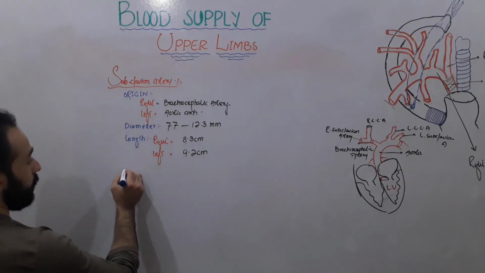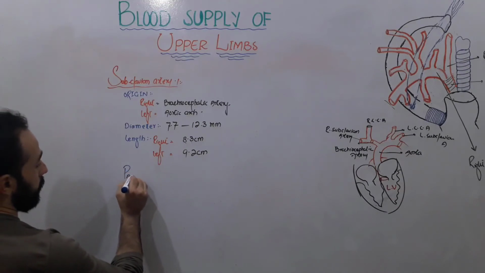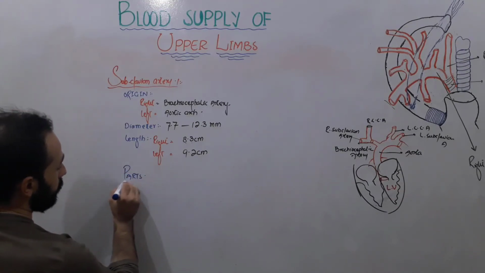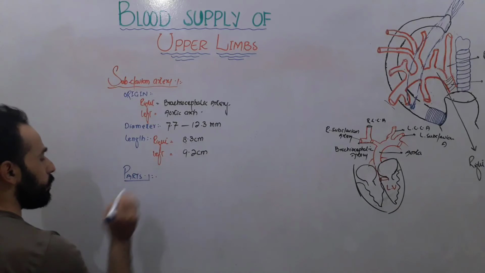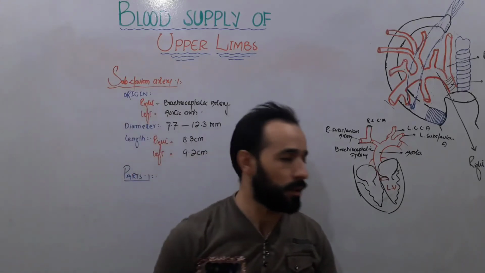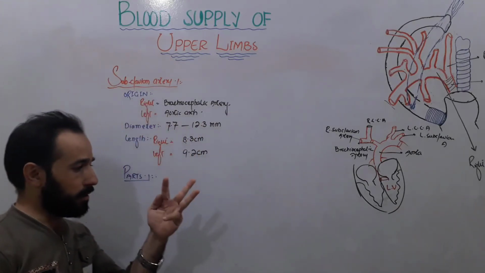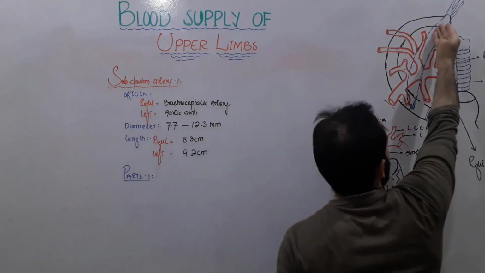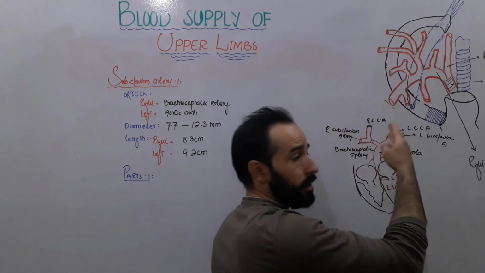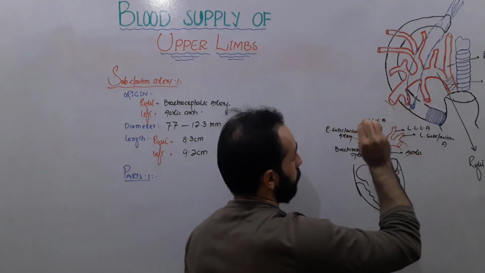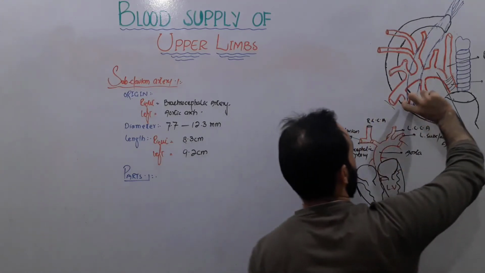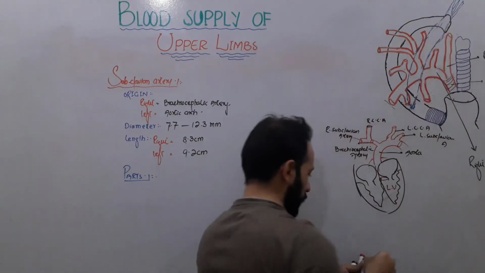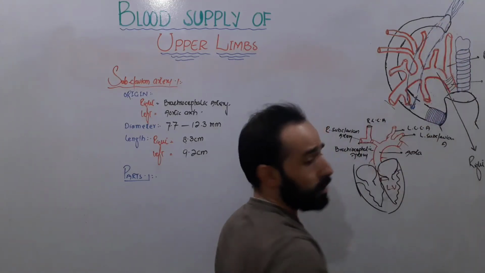Now let us see parts. This artery is divided into three main parts, right? Three main parts. Look here. Okay, so friends, I haven't brightened this one, but to make you understand, I have made here a muscle in blue color.